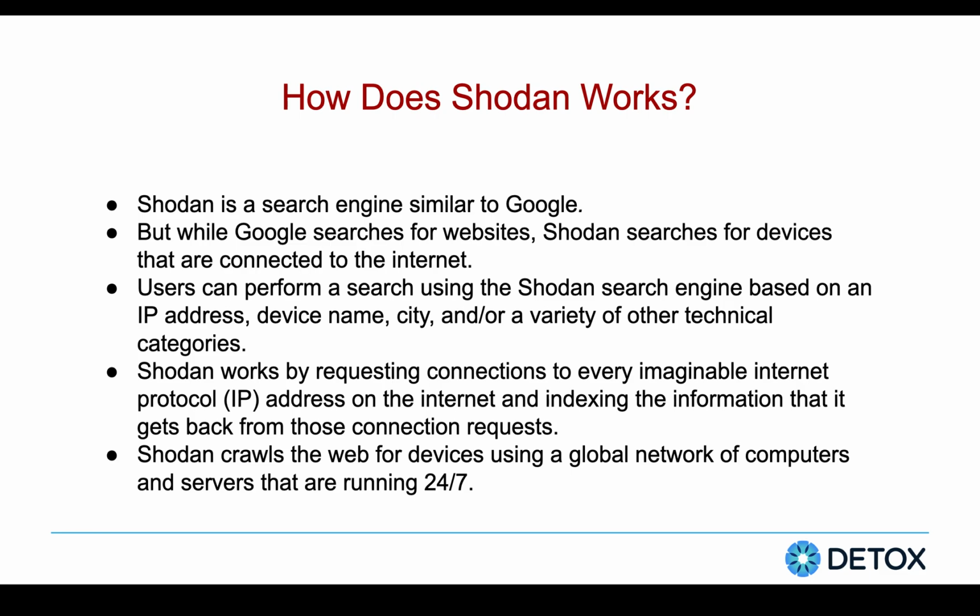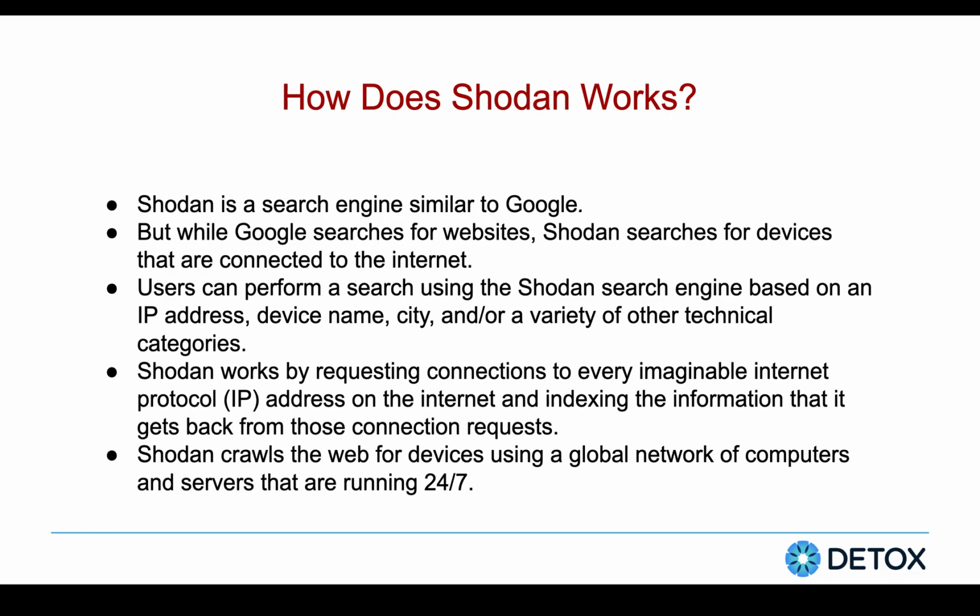Users can search using Shodan based on an IP address, device name, city, geographical location, service, operating system, and other technical categories. Shodan works by requesting connections to every imaginable IP address on the internet and indexing the information it gets back from those connection requests.